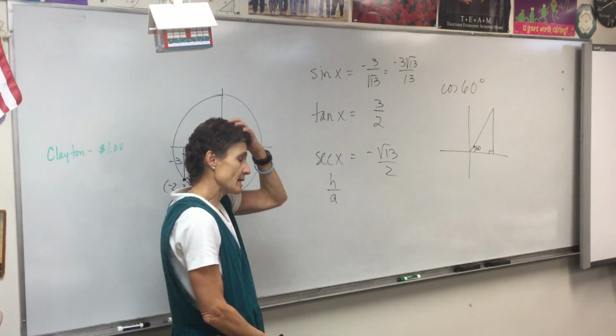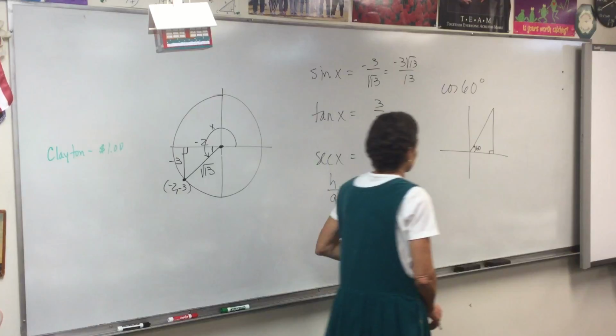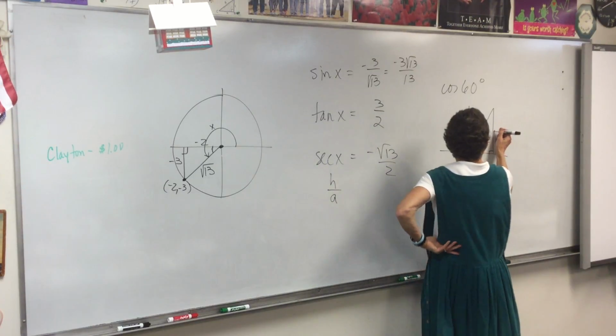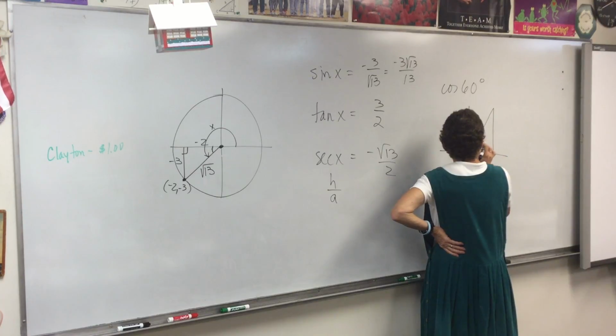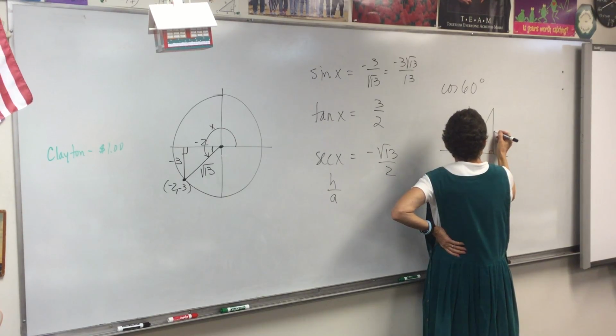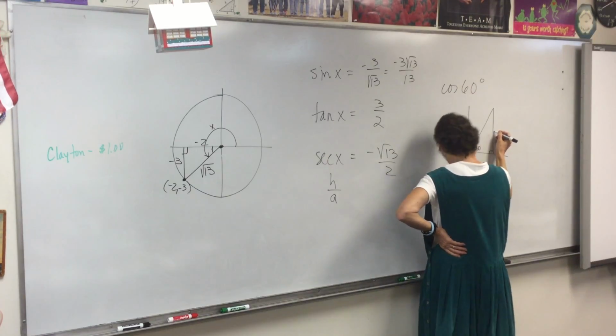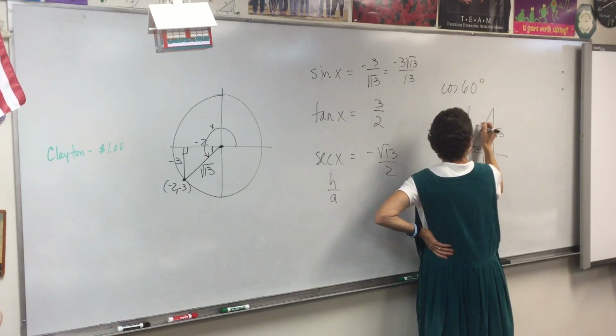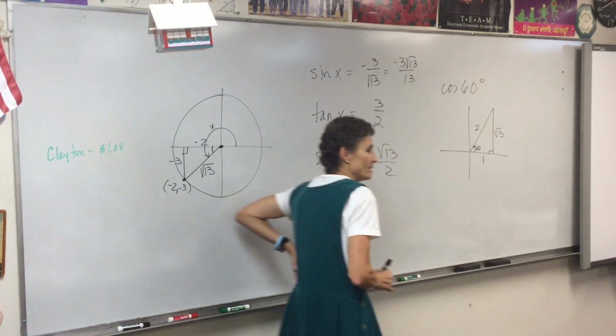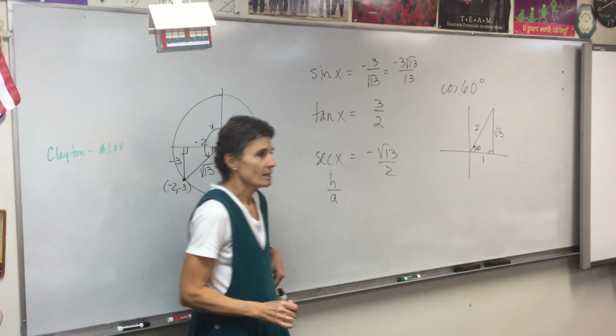Now, can I label the sides of my triangle? Yes. Across from the 30 is 1, the hypotenuse is 2, and across from the 60 is root 3.